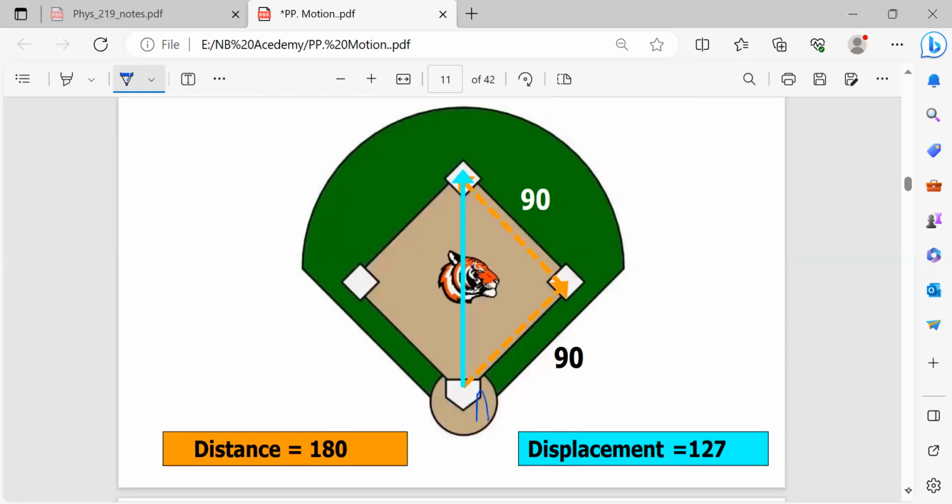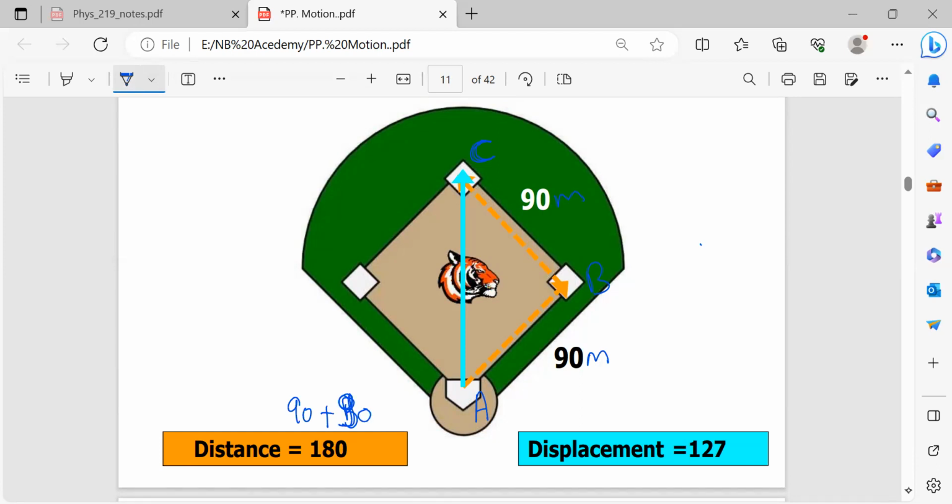What if the object moved from A to B, then to C? What will happen? Here we will find that the distance will be 90 meters plus 90 meters. Here the distance equals 90 meters, which is from A to B, plus 90 meters, which is from B to C, which is 90 meters as well.